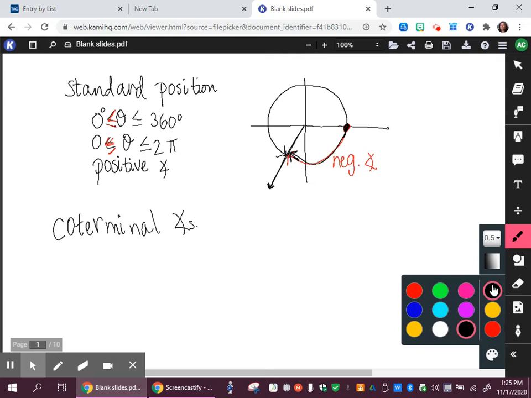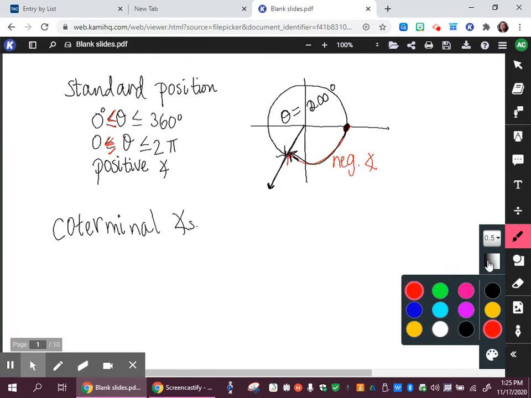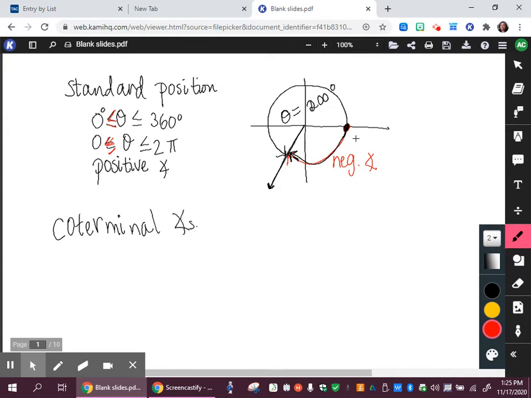So let's go ahead and put some numbers to this. Let's say the original one that I had was theta equals, let's see, it'll have to be past 180. So let's say 200. And then remember that I also gave you this angle, which goes from the positive x to the same terminal side.